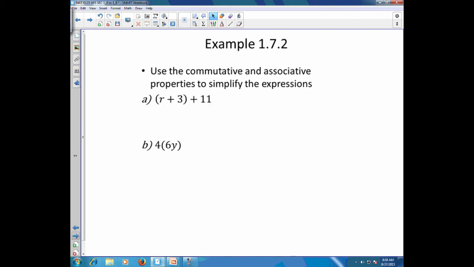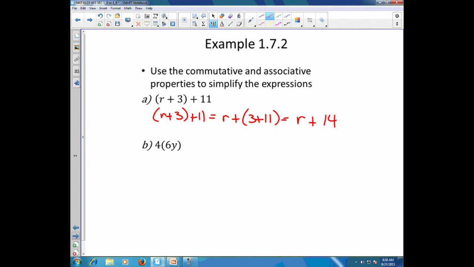All right, so let's talk about using these to simplify expressions. We have (r plus 3) plus 11. Well, we can regroup these. We can say r plus (3 plus 11). Well, we know what 3 plus 11 is. 3 plus 11 is 14. And so we've simplified this expression. Now it's just r plus 14.